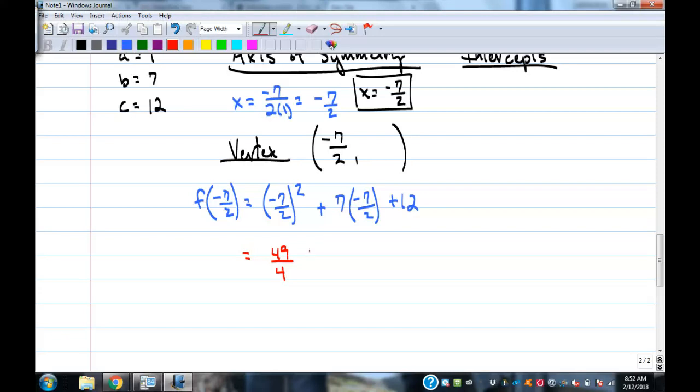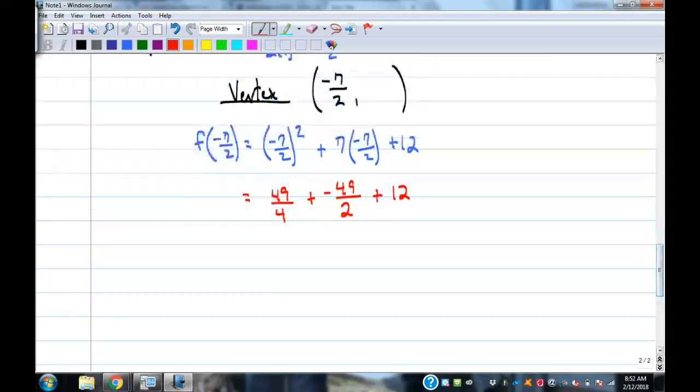And then this one would be negative 49 over 2, plus 12. Okay. Add those up. I'm going to swap them.